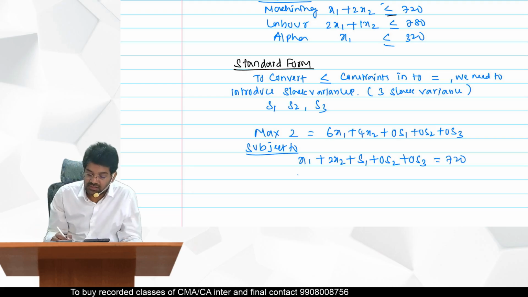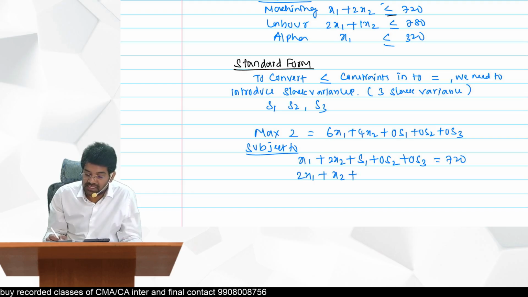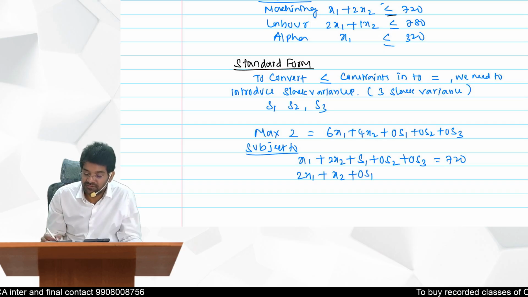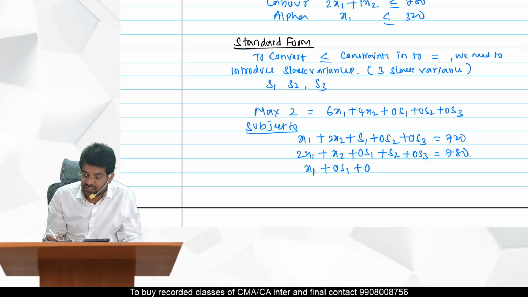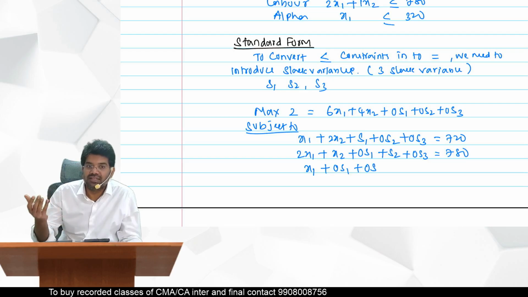Next, 2x1 plus x2 plus S2, slack variable 2 here. So now S1 will have 0, S2 plus 0 S3, 780. Third case, x1 plus 0 S1 plus 0 S2. If you don't have those elements, generally we take 0.